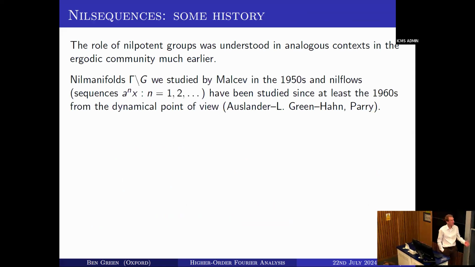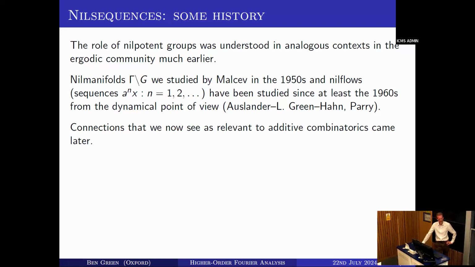Nil manifolds themselves were studied, maybe even in the 40s, by Malcev, almost from a linear algebra perspective, so basic properties of those. And then from a dynamical perspective, they've been important examples since the 60s, well before there was any potential link to additive questions. There it's Auslander, Leon Green and Hahn Parry who are some of the key names.